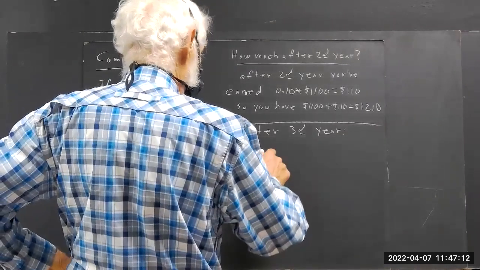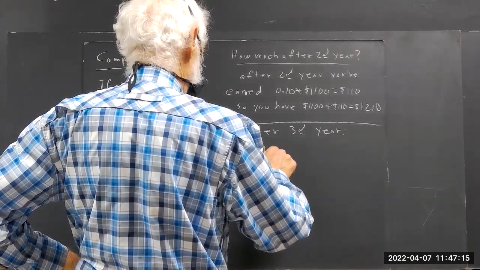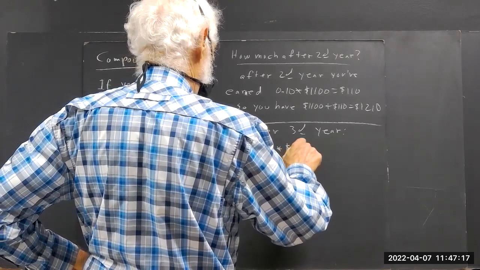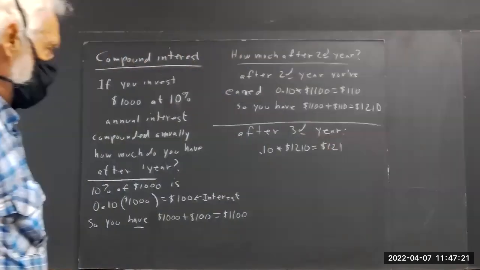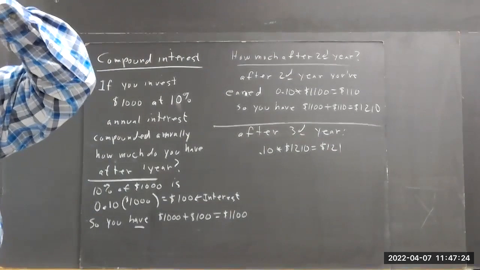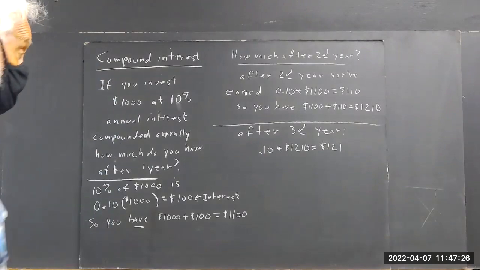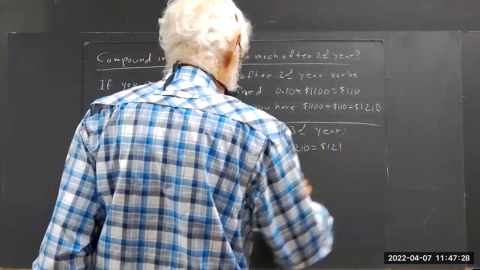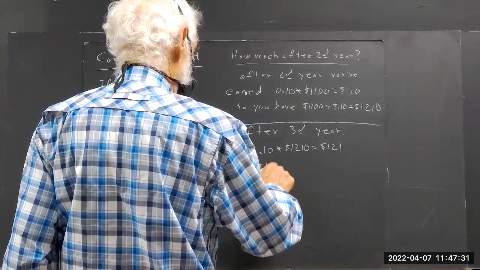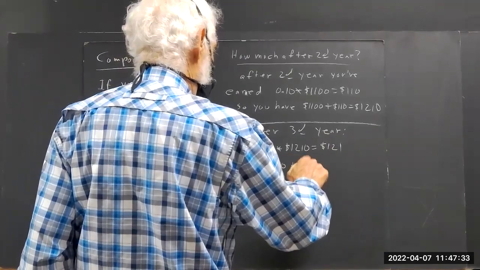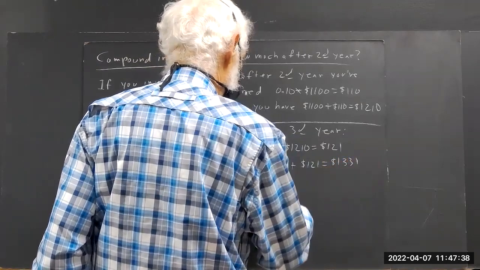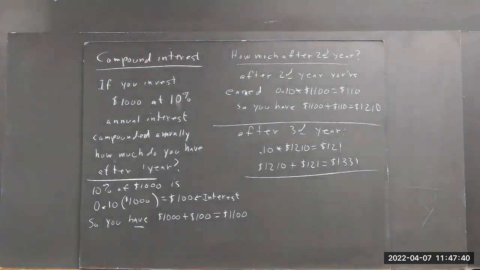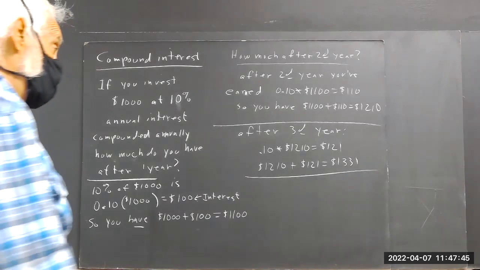After the third year, well, the 10% of $1,210 is $121. Everybody can do that. No problem. Then you take the 1210 and add your 121, you get $1,331. Then we'll do one more here.